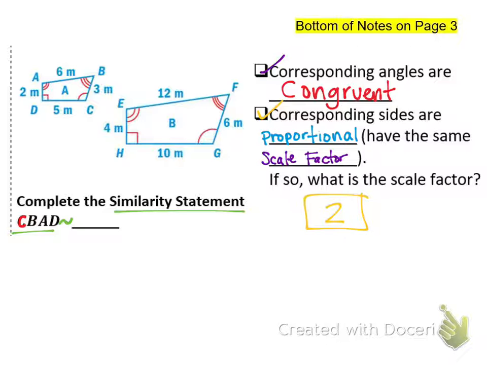C came first. What does C correspond with? G. Yep, G. B is second, which corresponds with F. And then you have A, which corresponds with E. And then that means H is last. Ta-da!